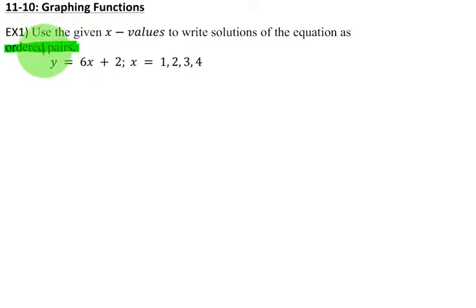Ordered pairs are keywords because we can generate points to graph. And once those points are plotted and we look at the graph, we can use that information to understand functions fairly quickly.